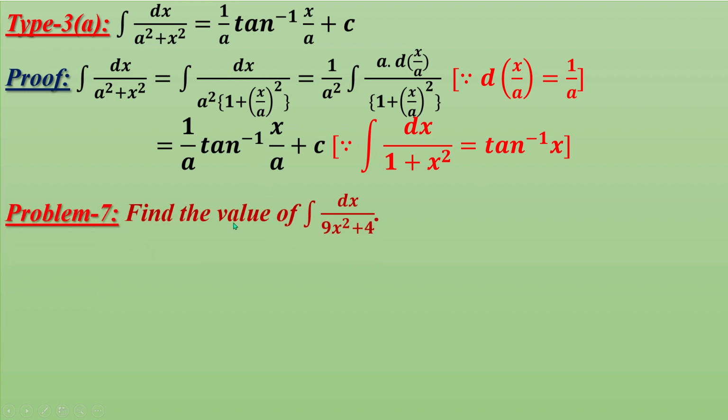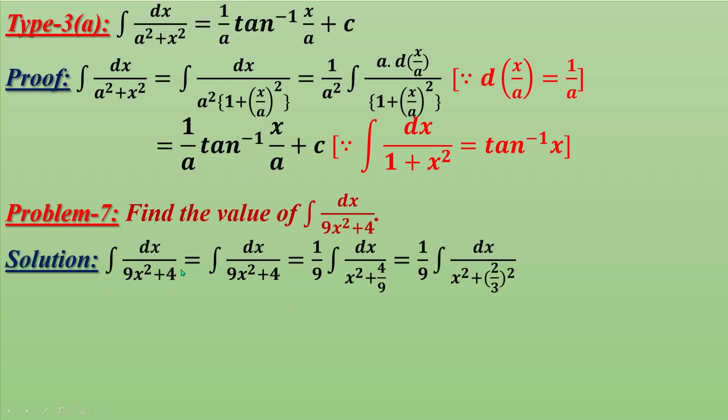Now problem: find the value of the integration of dx by 9x square plus 4. This is a given condition. We can write 1 by 9 into the integration of dx by x square plus 4 by 9, and 1 by 9 into dx by x square plus (2 by 3) whole square.